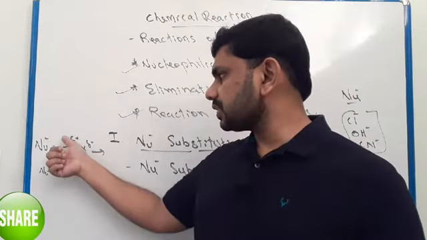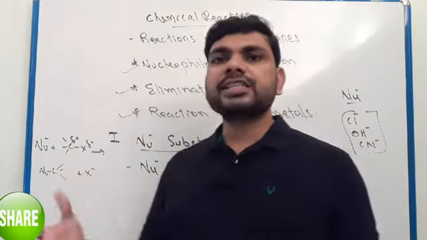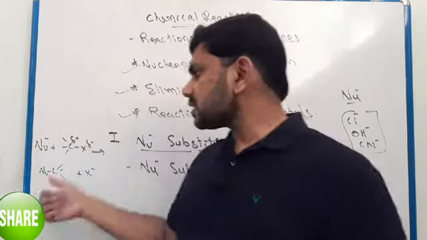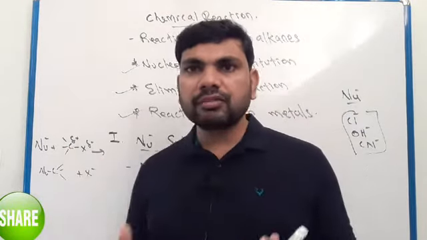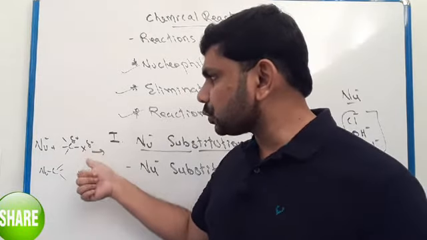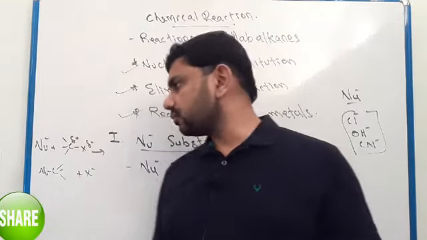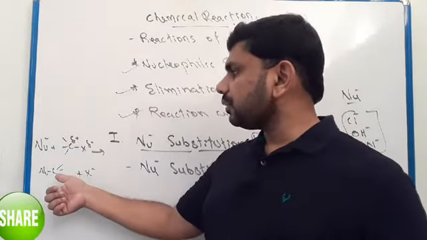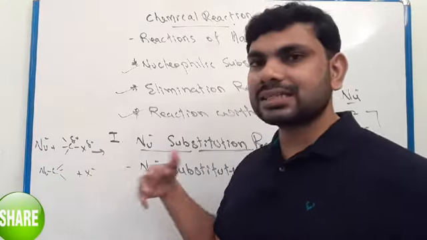Here CH3, imagine carbon with 3 hydrogens, and here X means halogen. So this is one haloalkane, it will react with the nucleophile, and this halogen will be substituted by the nucleophile. Now here the nucleophile comes in and X halogen is separated.